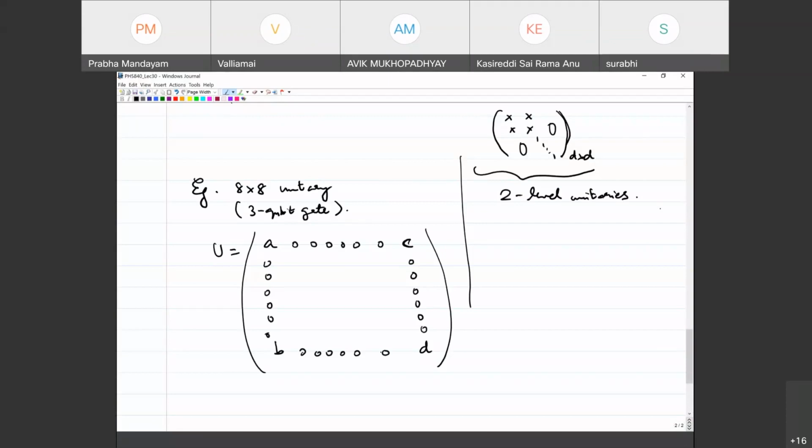And then, like I said, you need ones in the diagonal and everything else is 0. Now you know your 3-qubit computational basis states, right?